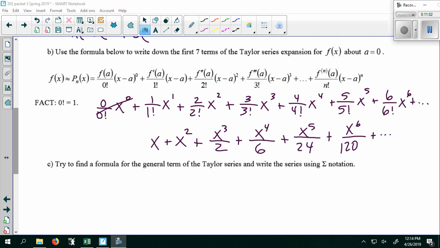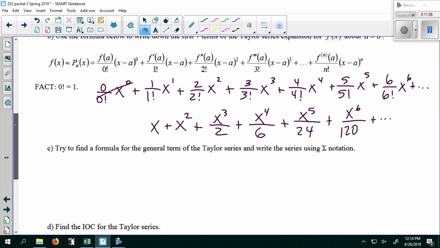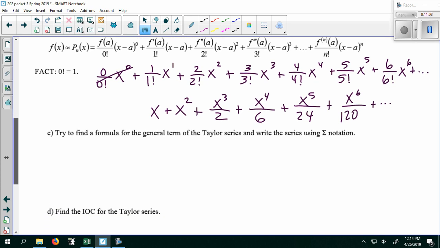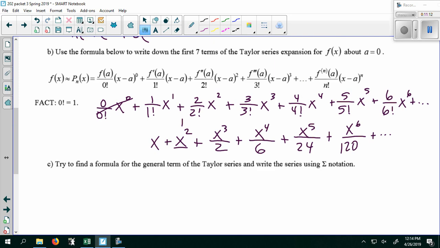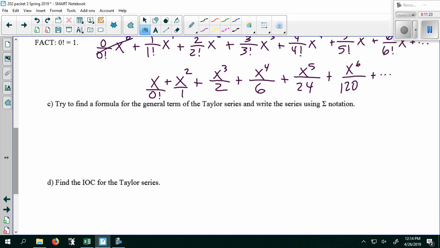Okay, so to find a formula for the general term, let's see. I should recognize that 2, 6, 24, and 120, those are factorials. So this will be 1, oh, whoops. This is over 1, and this is over 0 factorial. So my general term, all of my terms are x to a power, the first, second, third.